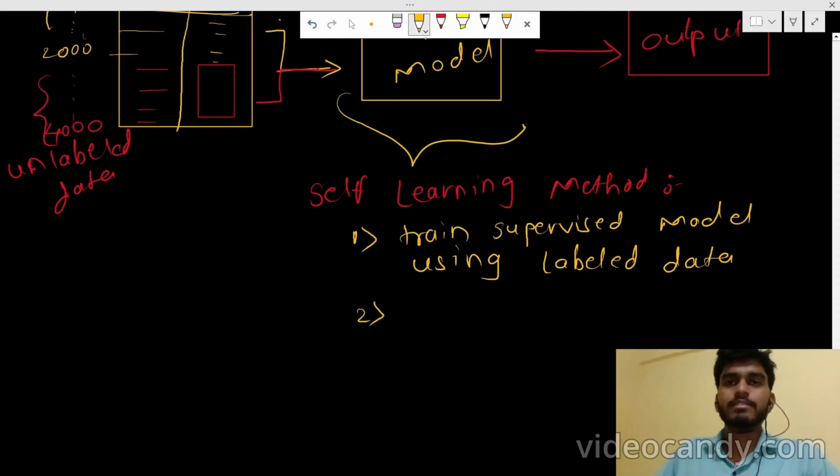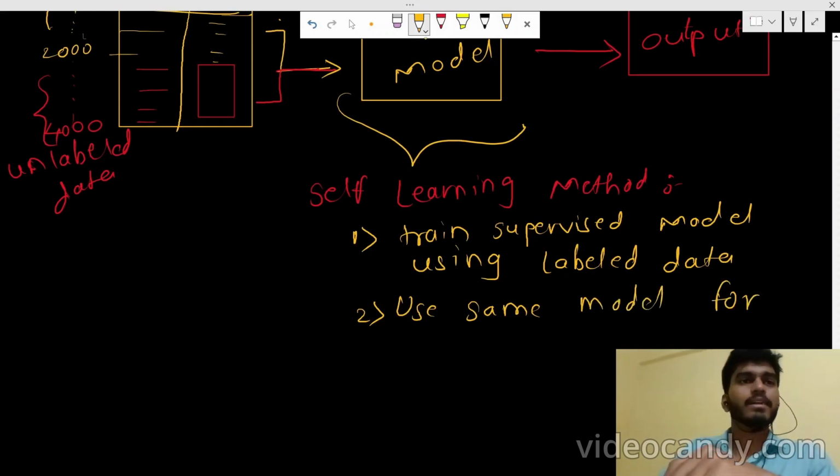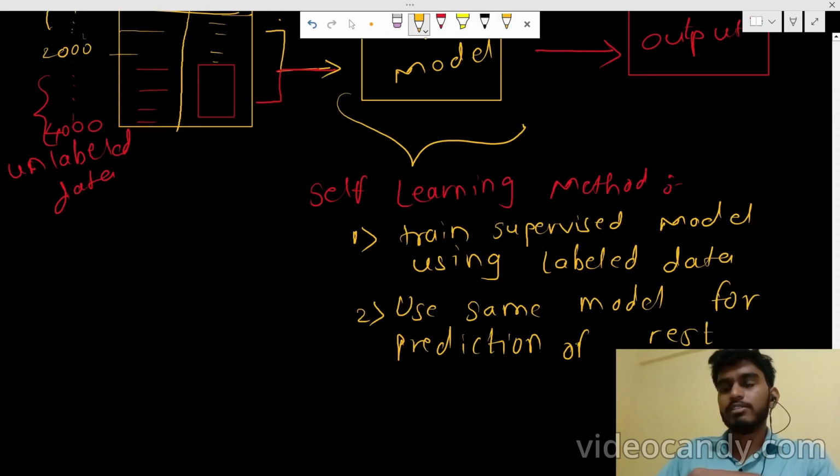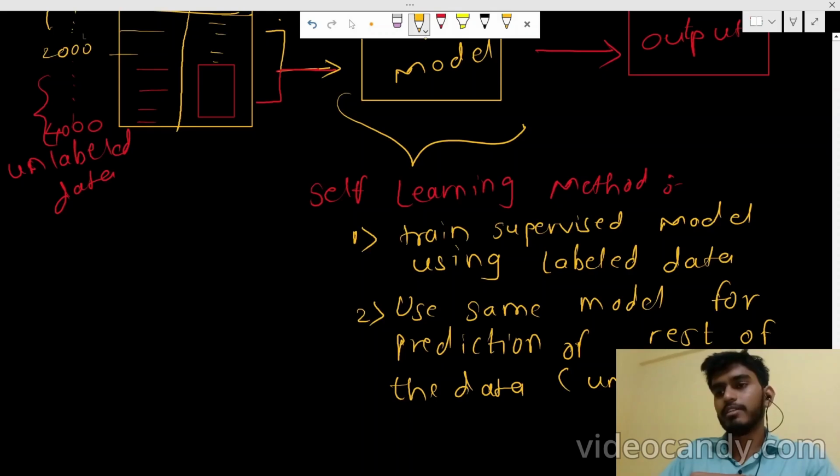Next, you will use the same model for prediction of the rest of the data, the unlabeled data.